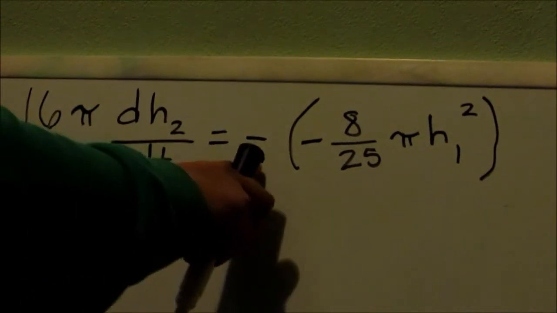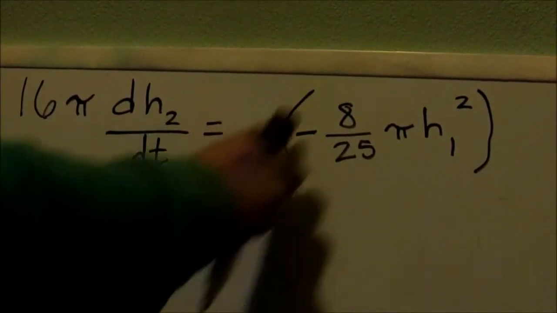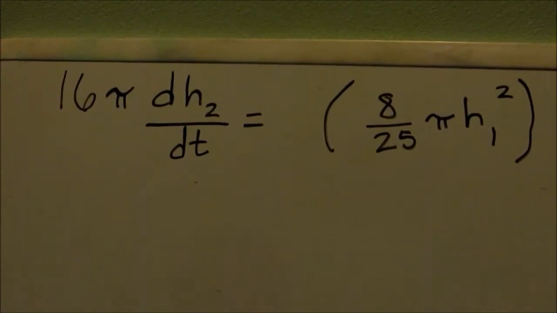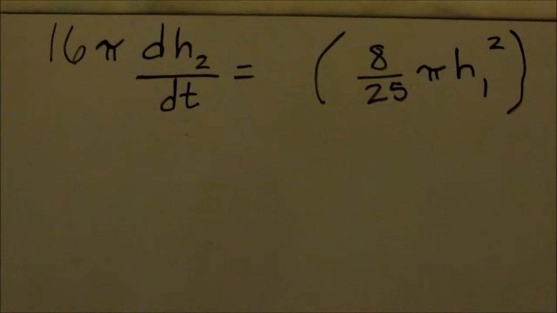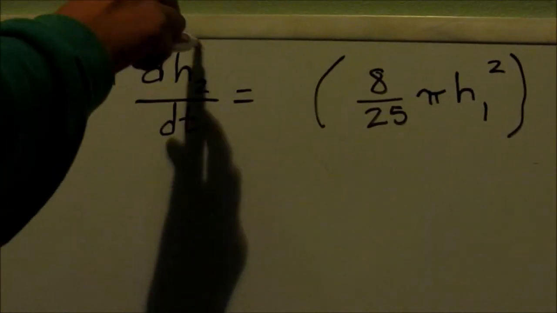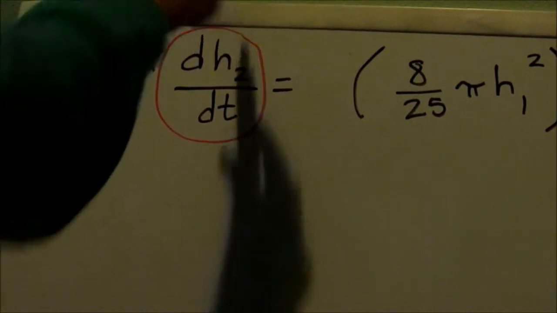Continuing on, these negatives cancel each other, so we can get rid of those. Since we are asked for the rate of change for the increasing water level in the cylinder tank, we need to solve for the derivative of H sub 2 with respect to t.